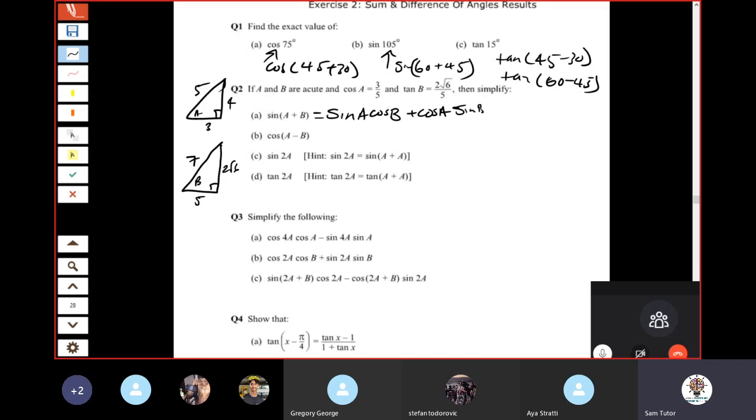Okay. And then, of course, sine A is opposite over hypotenuse. So that becomes 4 over 5 times cos B. Cos B is adjacent over hypotenuse, so 5 on 7, plus cos A. Cos A is again equal to adjacent over hypotenuse, 3 over 5 times sine B. Sine B is equal to opposite over hypotenuse, so 2 root 6 on 7.